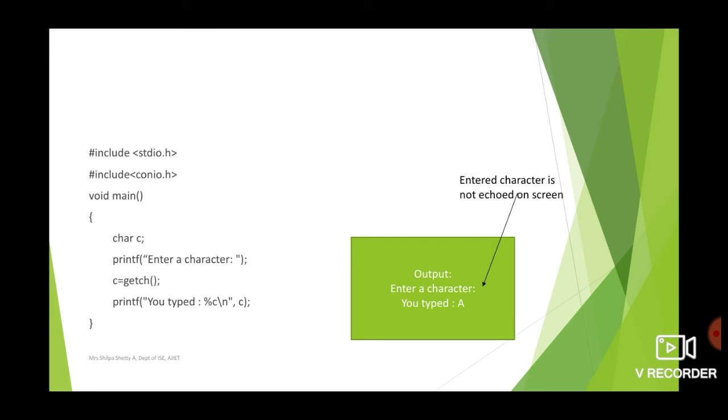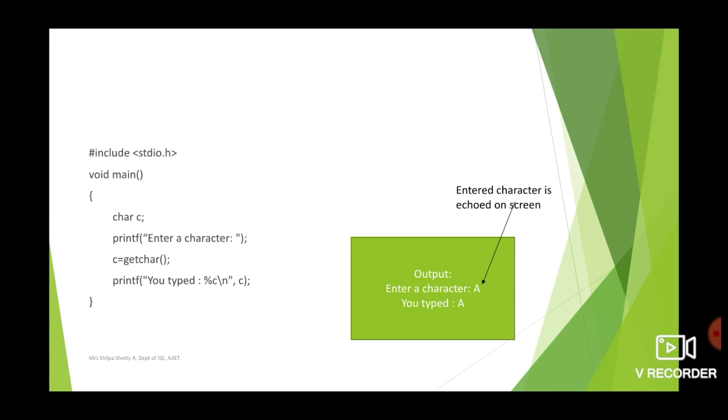You will enter a character, but what do you observe in the output? Whatever you have entered is not echoed to the screen. The next line gets executed and displays the entered character. Suppose we have entered A, then the output would be "You typed A". So in getch, the entered character is not echoed on the screen.